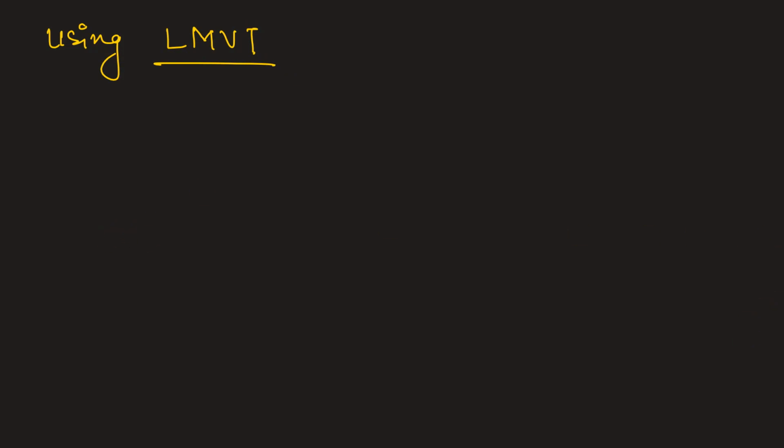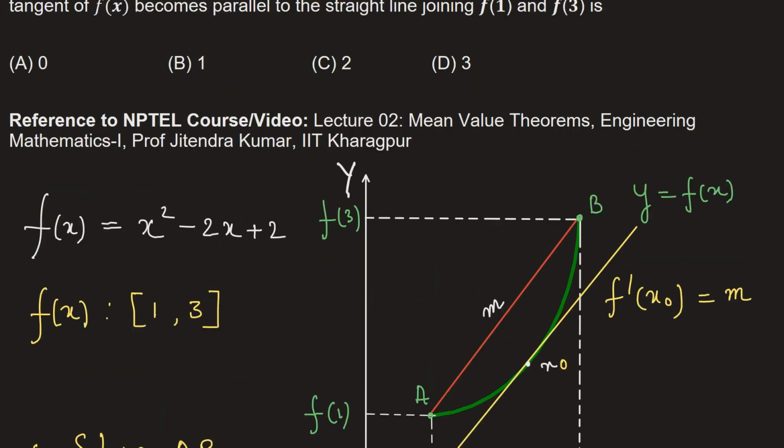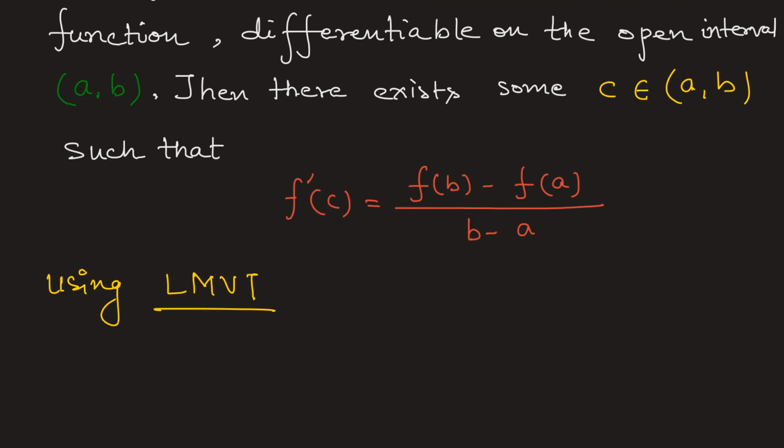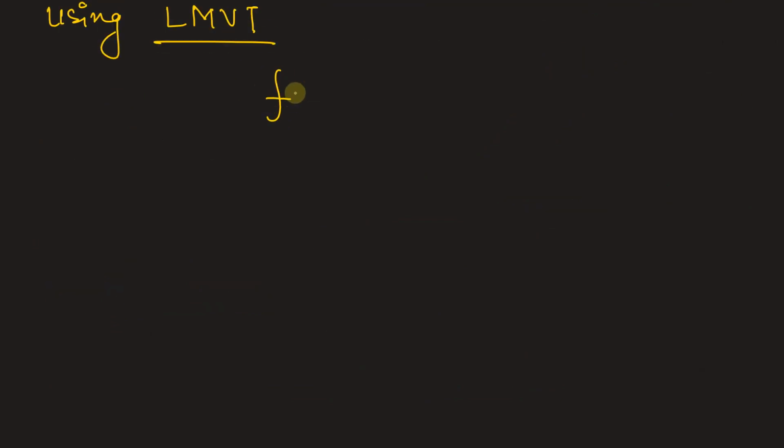Let's go back to the graph that we have drawn earlier. Here we need to find this x naught value. Here a is 1 and b is 3. Since the function is given to us, we can find f of 3 and f of 1. The function is f of x equals x squared minus 2x plus 2.